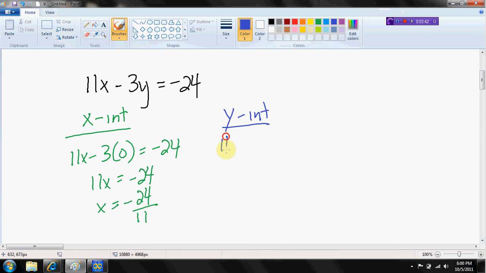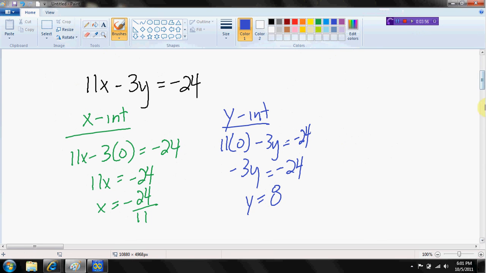We'll plug in a 0 for the x. So we get that the y-intercept is 8. Alright, so we have two ordered pairs that come out of this. We have the ordered pair negative 24 over 11 comma 0, and we have 0 comma 8.